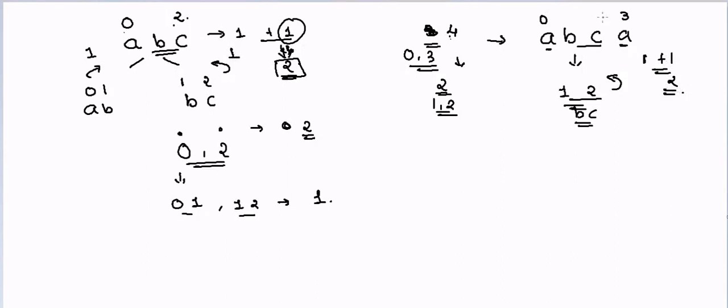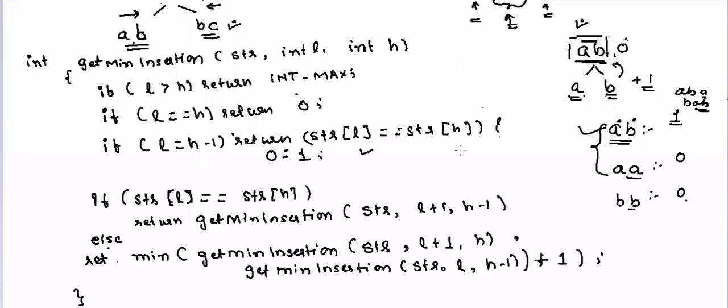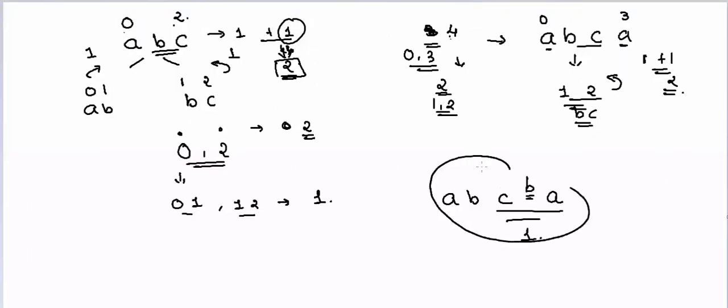That will be something like this: A, B, C, and A. So either we can insert B over here, which will directly give 1. Okay, sorry. While tracing, we just missed something. Just a minute. Yeah. So it can be something like this.